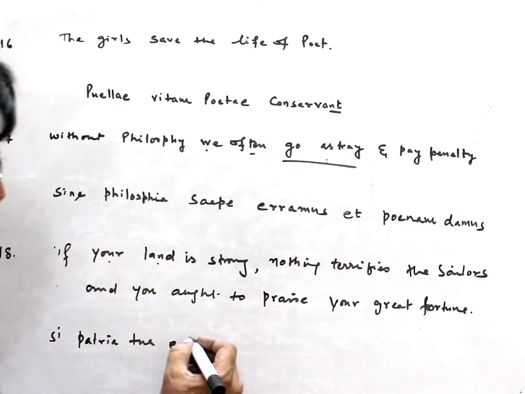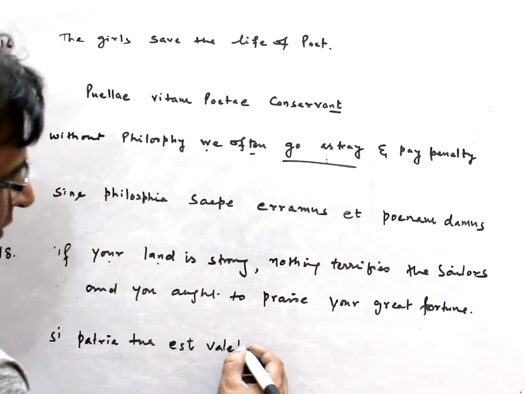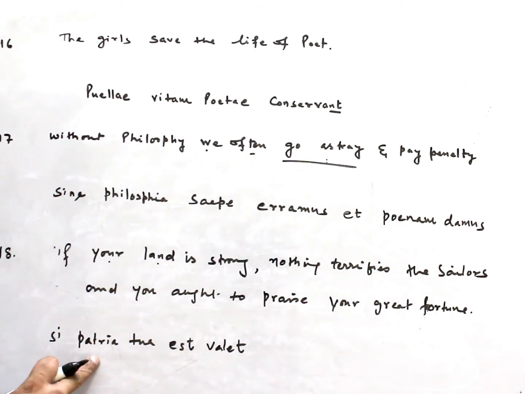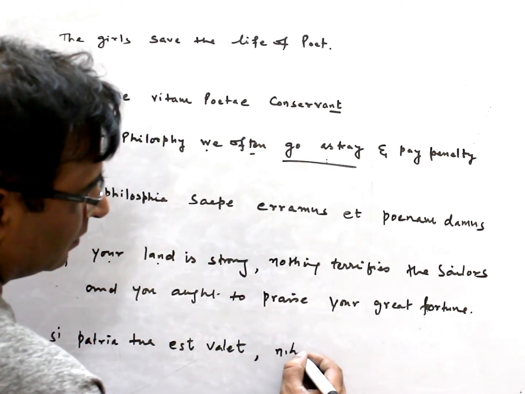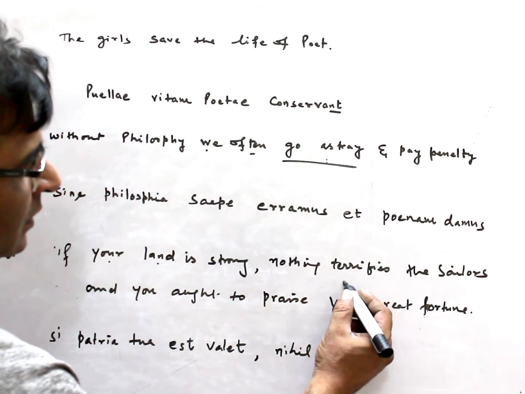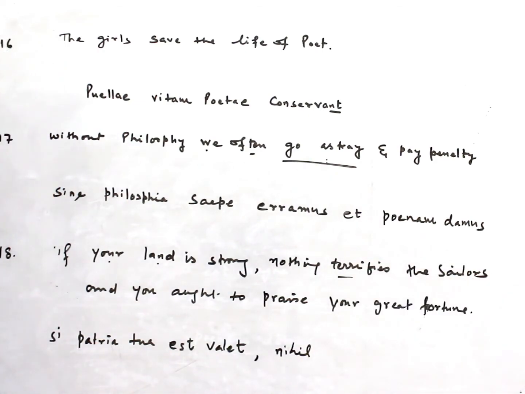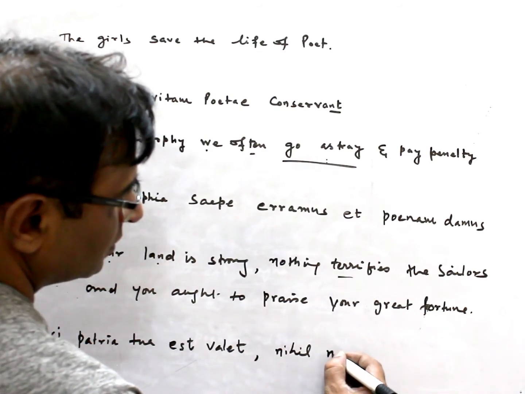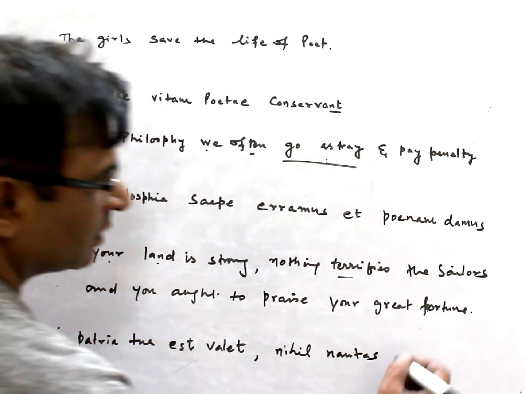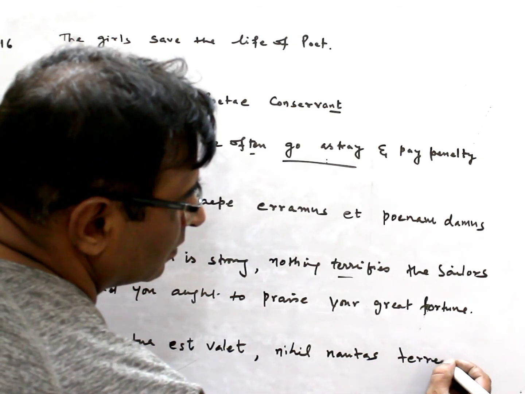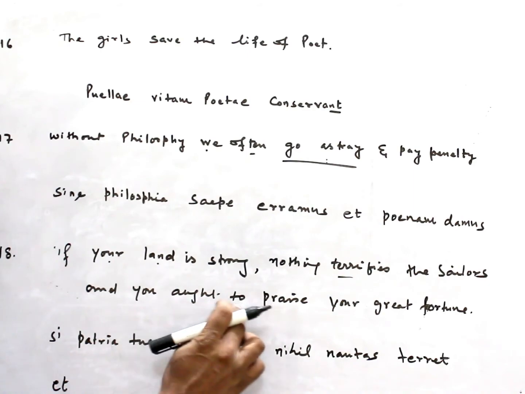If you don't add, then also okay. Valet, value, and it is third person, so valet. Nihil is nothing. This is the verb, we take last. This is the sailor object. So this is nautas, direct, and this is et. You ought to praise.